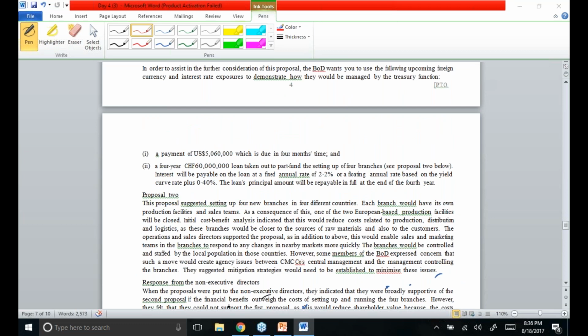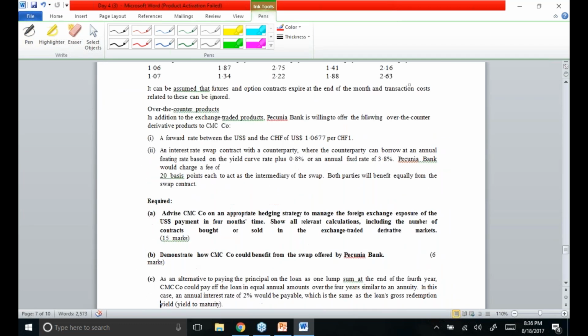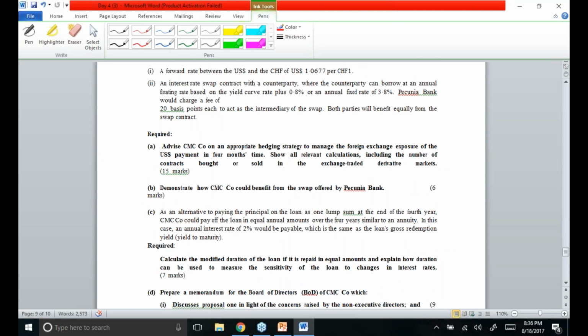There is a question in your handout named CMC. Its second part is from swap. Demonstrate how CMC company could benefit from the swap offered by the bank.